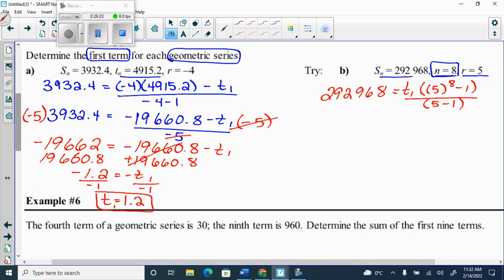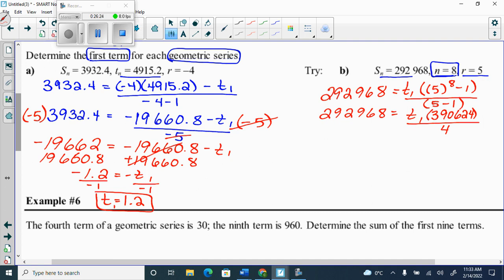So I'm going to get 292,968 equals T1, and then I have a bracket, so I go 5 to the power of 8 minus 1, which is 390,624 over 4.